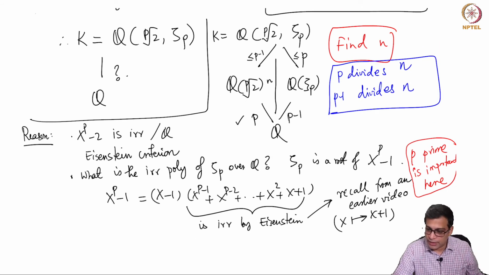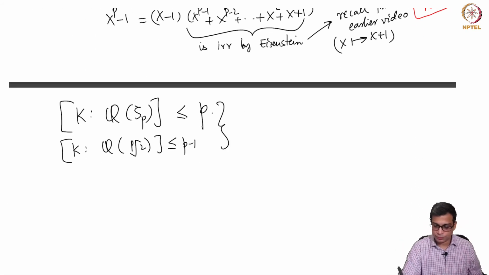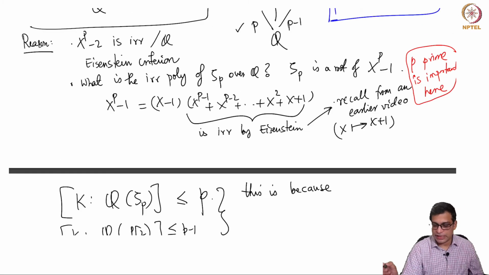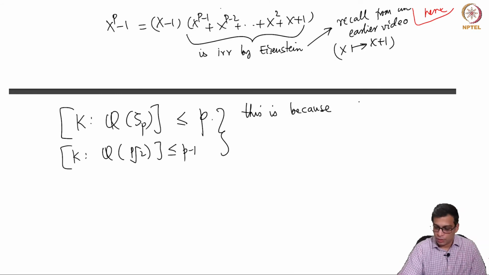This is because these are both primitive extensions. K is a primitive extension of this field because it is generated over it by just zeta p. This is also a primitive extension because K over Q(zeta p) is generated by the pth root of 2.